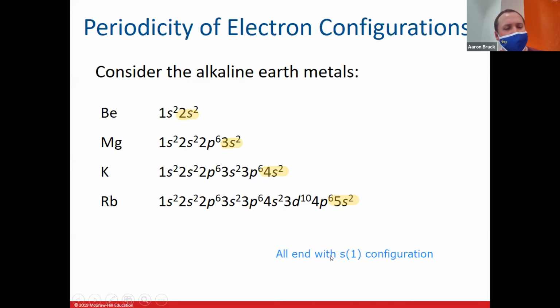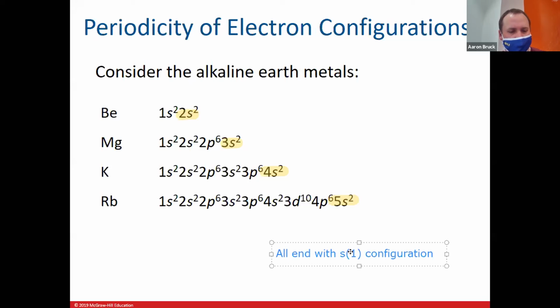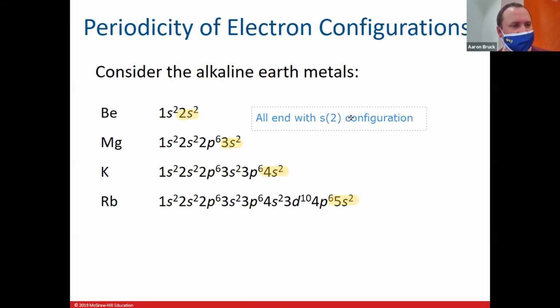Look at my alkaline earth metals. They all end with an s2 configuration. Every last one of them. Beryllium and magnesium, these end with s2 configurations. Not sure why potassium and rubidium are on here. Those are both alkali metals. I think these configurations actually match up.